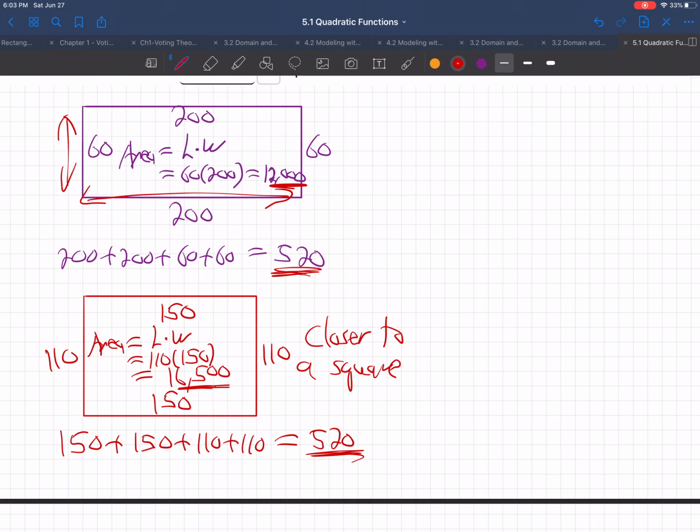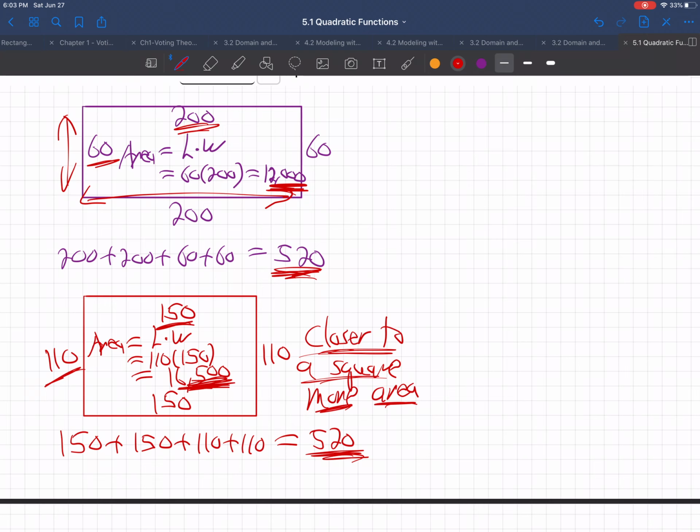Square would be the same length and width, but it's closer. 150 by 110 is closer than 200 by 60, and it has more area. Closer to a square gives us more area inside. Same perimeter, same amount of rope going around the rectangle, 520 feet. But if you make the rectangle closer to a square, you get more area. Notice 16,500 square feet instead of 12,000 square feet.